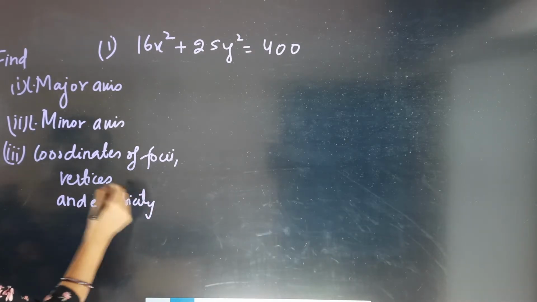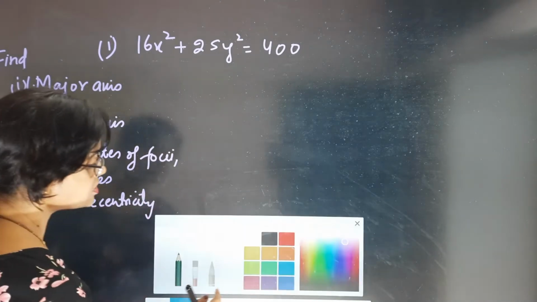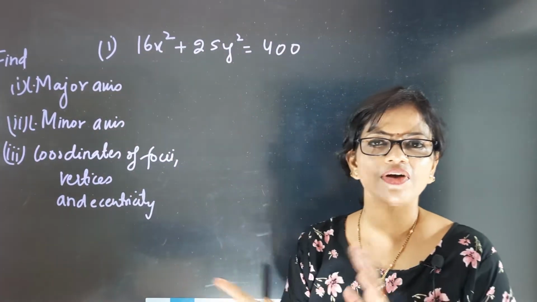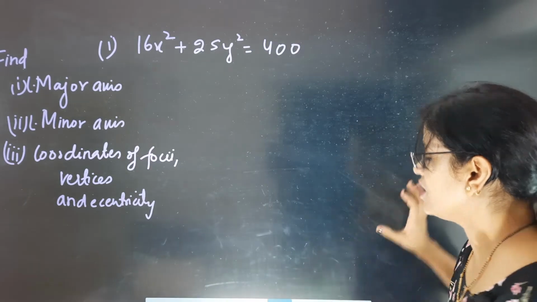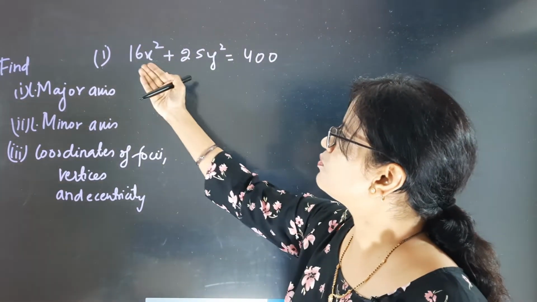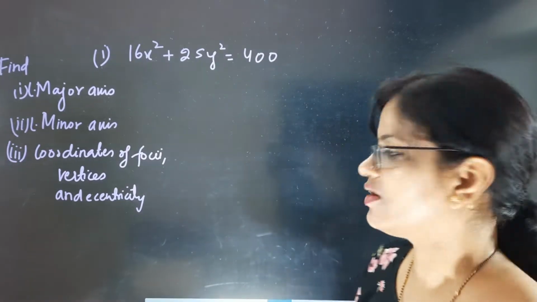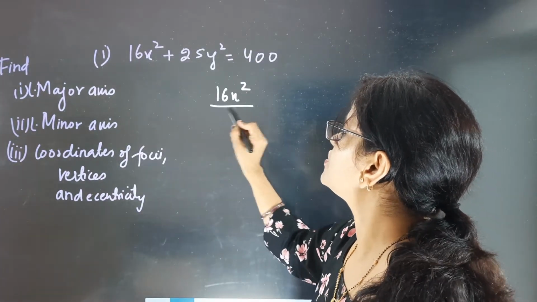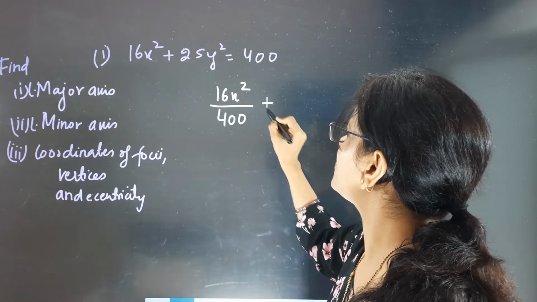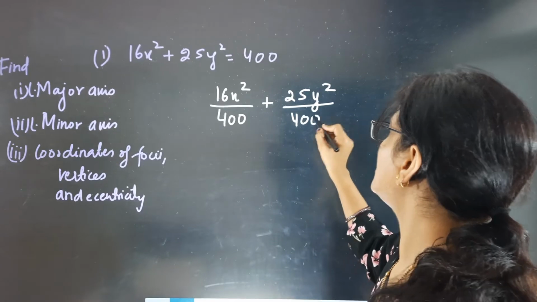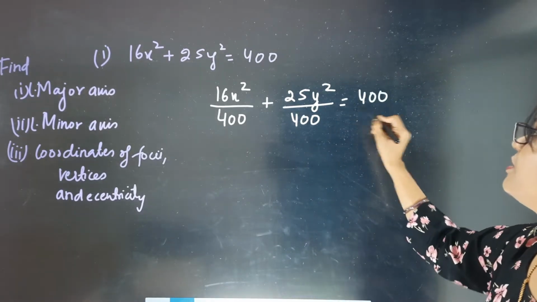So all these things you have to find, and the equation given to you is 16x square plus 25y square equal to 400. Now how to deal with this question? First, divide both sides by 400. So it comes as 16x square by 400 plus 25y square by 400 equal to 400 by 400.